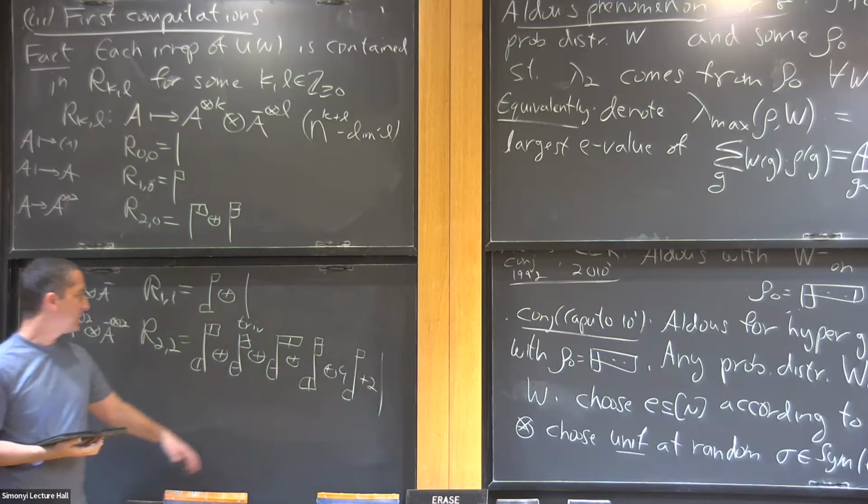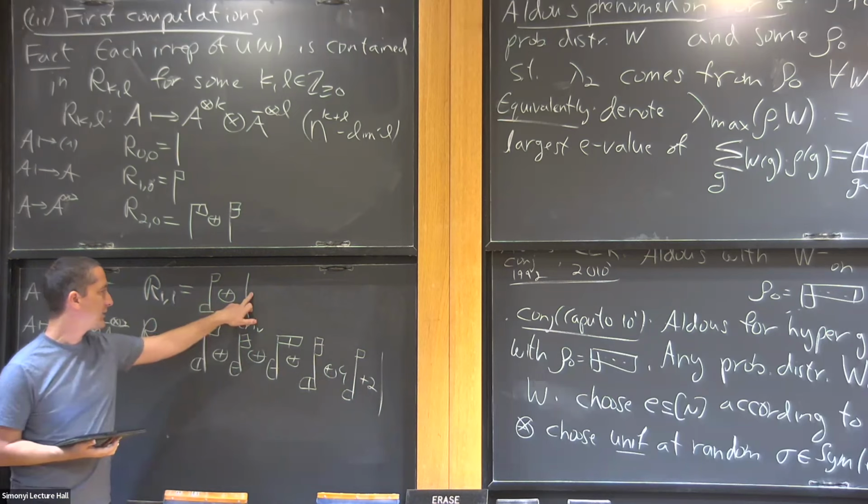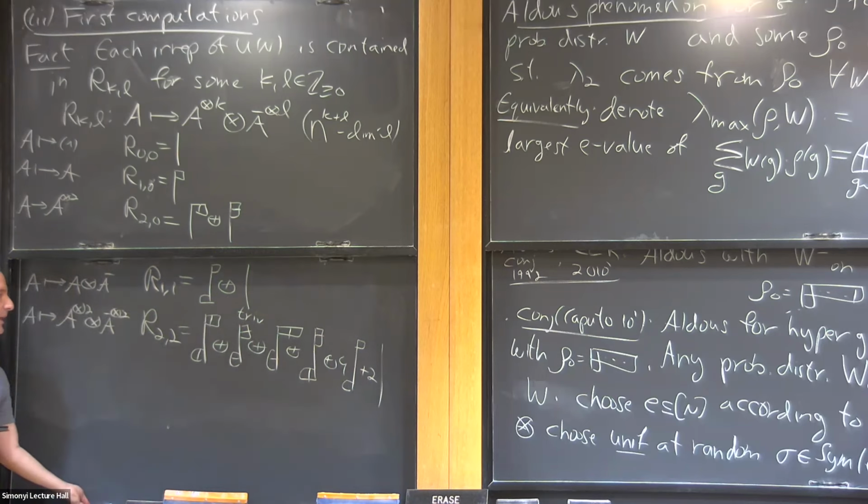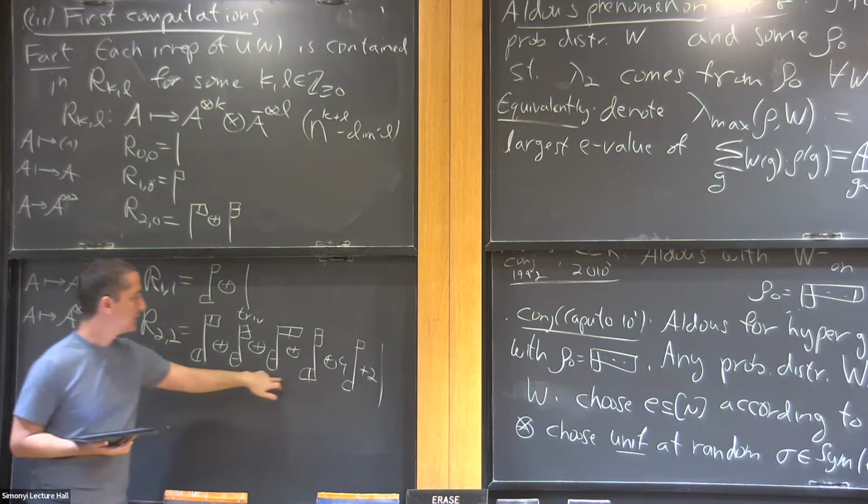Okay, so it also contains this one and twice this one, and so there are multiplicities. You can see there are some rules, for example, R_KL contains all the representations where the sum of weights is K minus L. See, the sum of weights in all of these is 0.